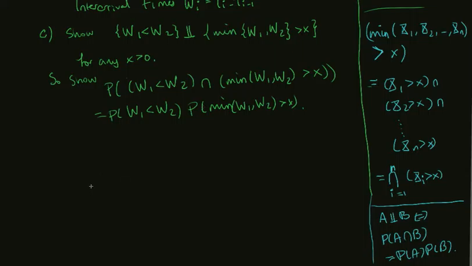So, let's just get started from somewhere. We will need to calculate both this thing and this thing and this thing. So we need to calculate three probabilities.